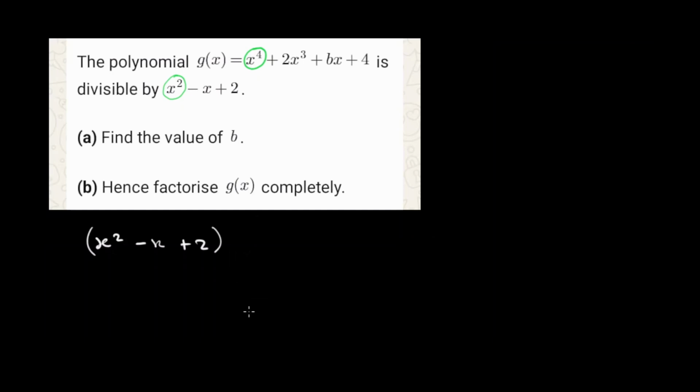Saka we are going to be multiplying this factor x squared minus x plus 2 ne imwe quadratic factor. Takunyora the general statement which is ax squared plus bx plus c. Tika multiply zvinhu zviviri izvi zvinofanirwa kutipa g of x. That is the first statement we want to understand.